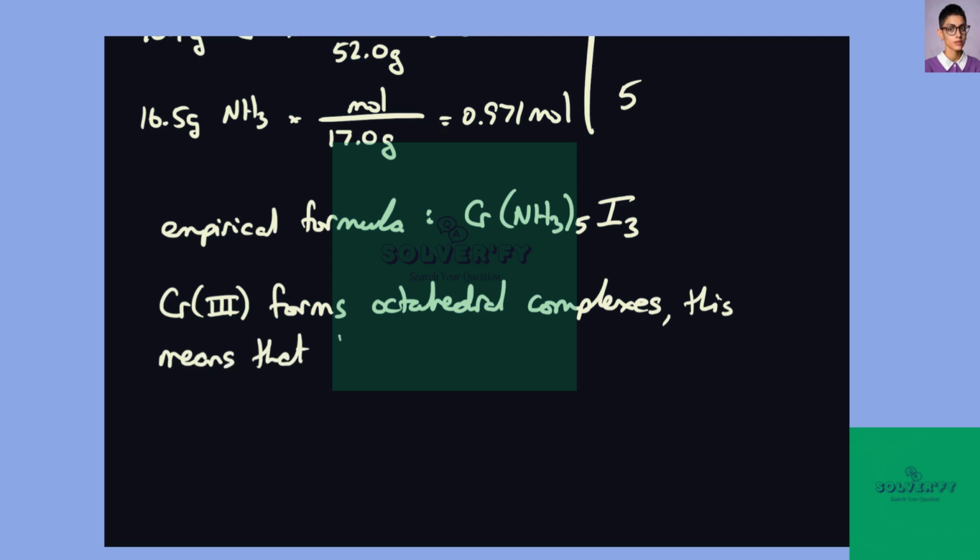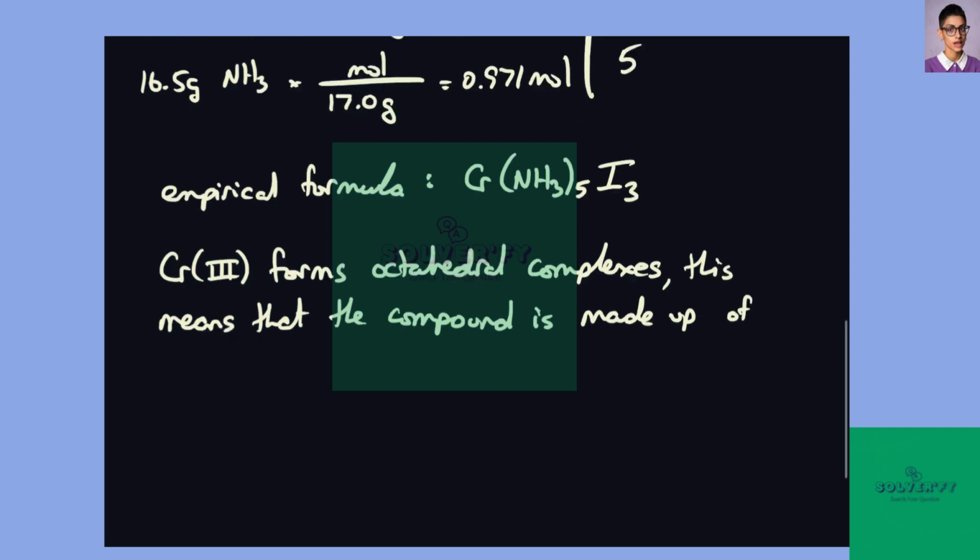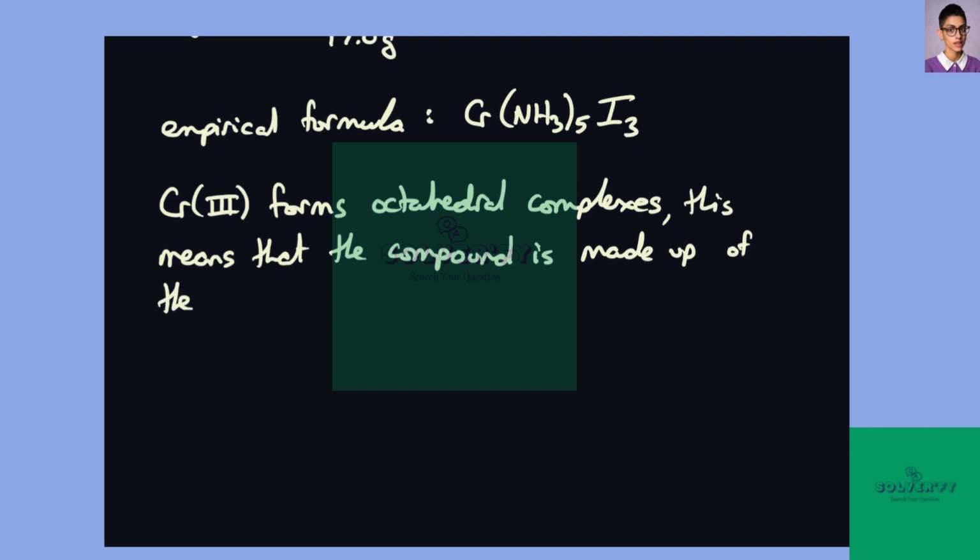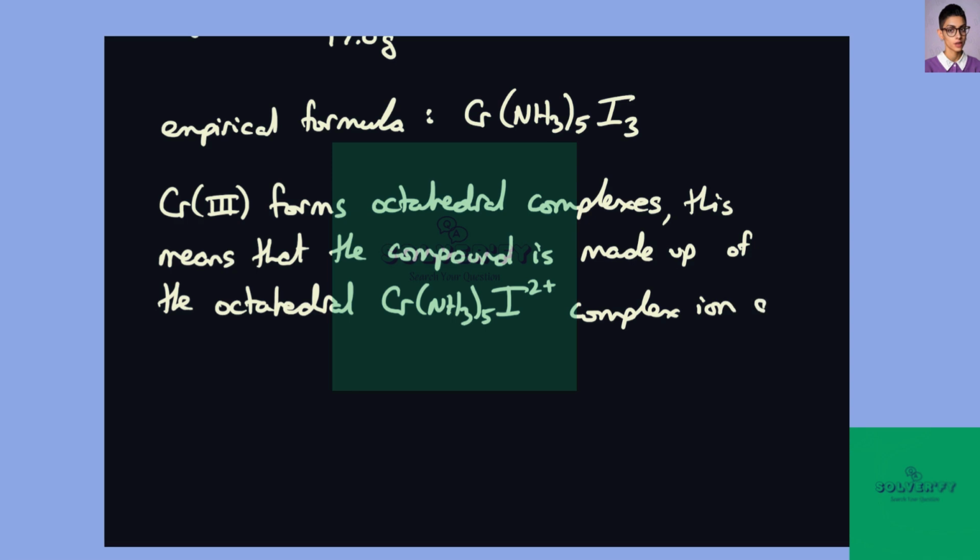This means that the compound is made up of the octahedral [Cr(NH3)5I]2+ complex ion and 2 I minus ions as counter ions.